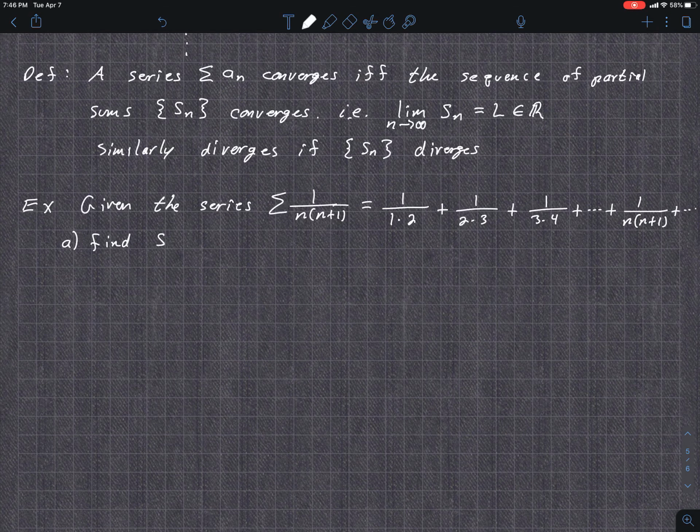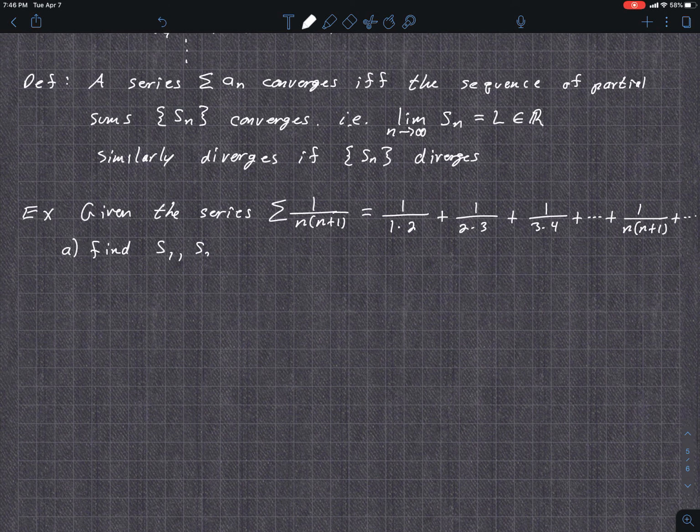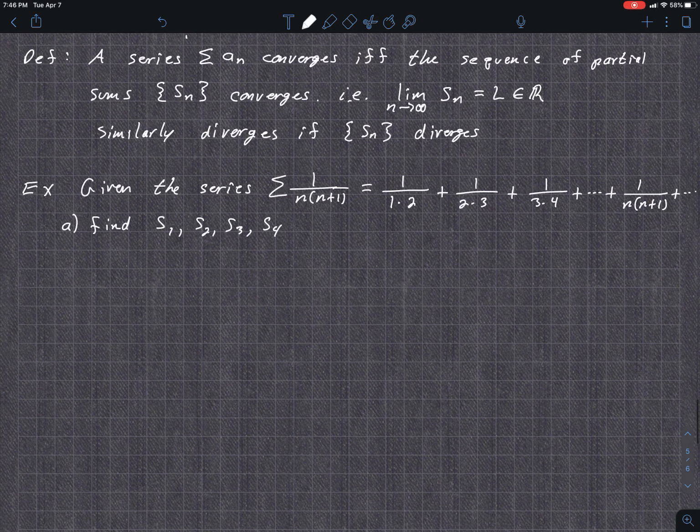So we're going to do a couple steps here that we won't always do, but this is kind of that warm-up stage. So A, we want to find S1, S2, S3, and S4. The book I'm looking at has us do more, but that's good enough. And then B, find S sub n.